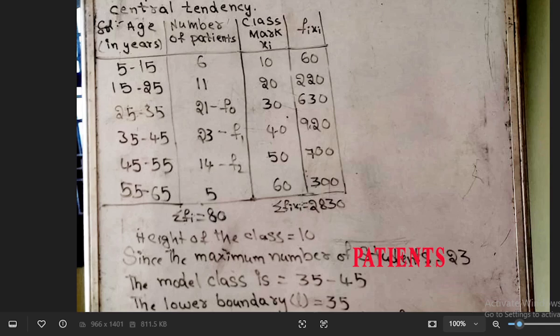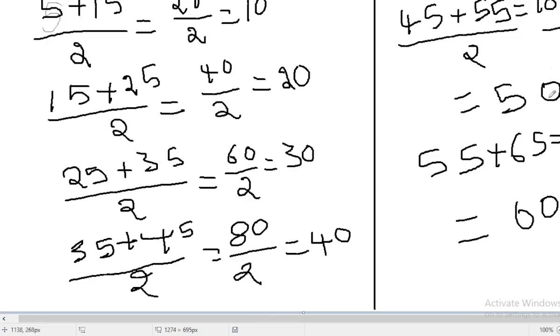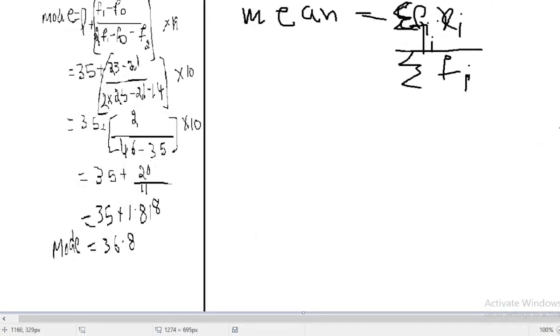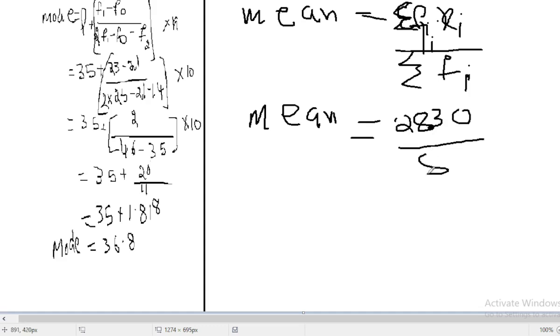So substitute these two values in the mean formula. Mean is equal to 2830 by 80. The 0 is cancelled.